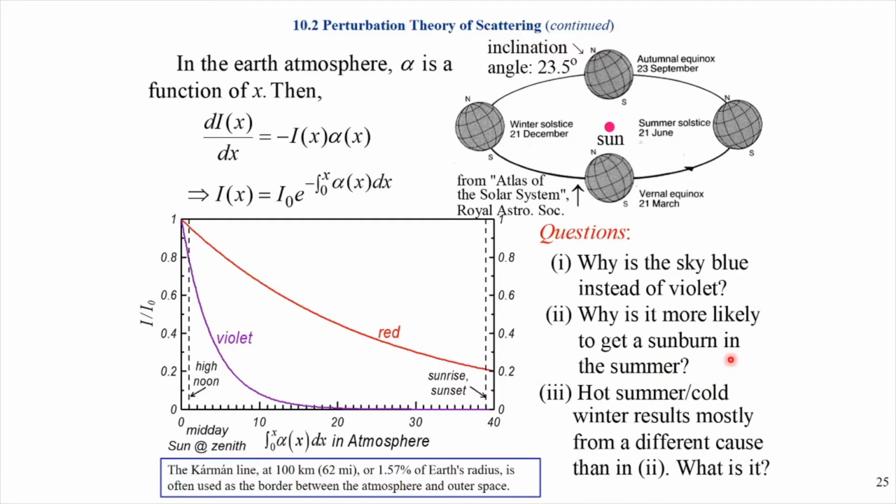Let me give you a personal experience. Roughly 20 years ago, I went to Israel. Israel is very hot. We went to the Dead Sea. The Dead Sea is below sea level, 400 meters below sea level. I don't quite remember the number. And it's very, very hot.